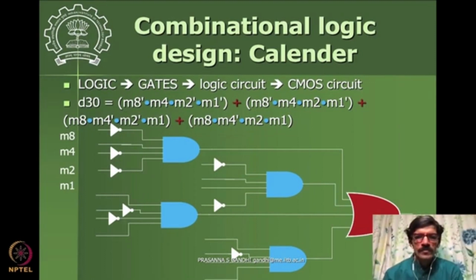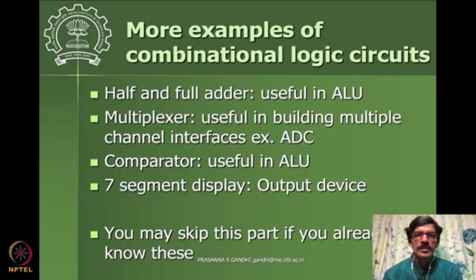So the way this calendar example is done, now we'll see some addition applications. Half adders and full adders are useful in the arithmetic logic unit in the microprocessor. Then you can develop multiplexers, which are useful in developing multiple channel interfaces for analog to digital conversion.